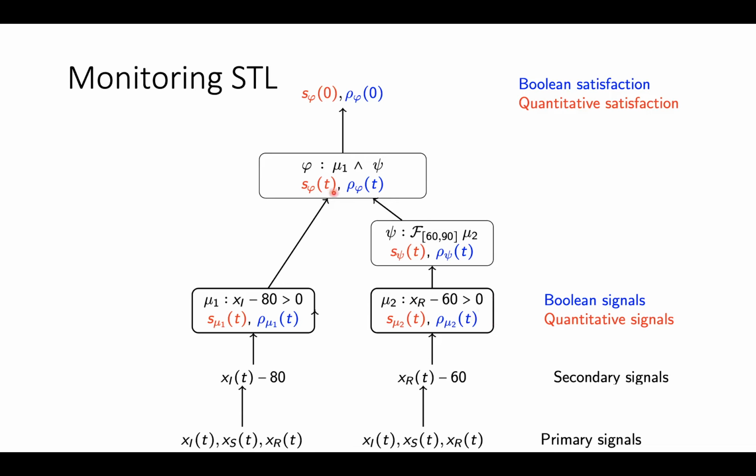Then you go up the tree of your formula until you reach the top, where there is the global formula. So at the end you have, as I said, a Boolean signal for the Boolean semantics or a quantitative signal for the quantitative semantics. And then we say that the whole trajectory satisfies the formula if the trajectory satisfies the formula at time 0.